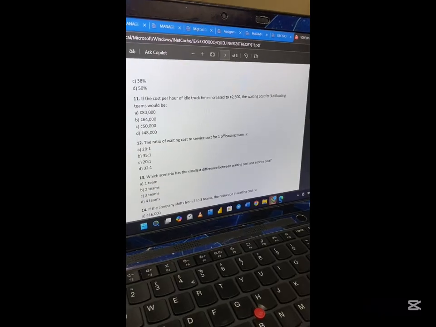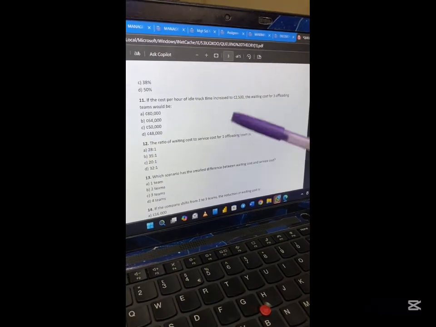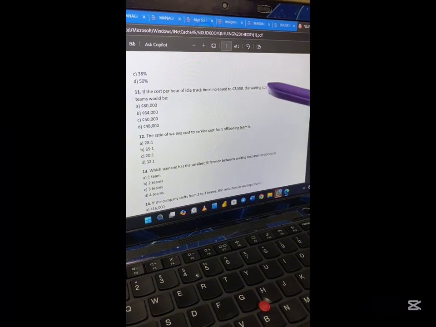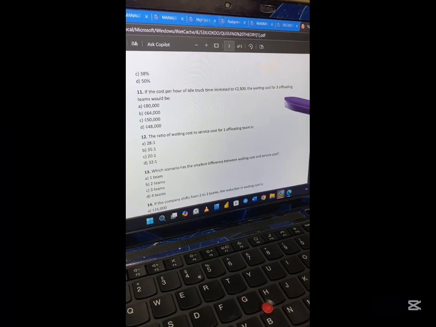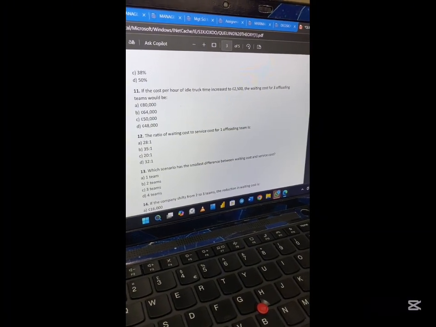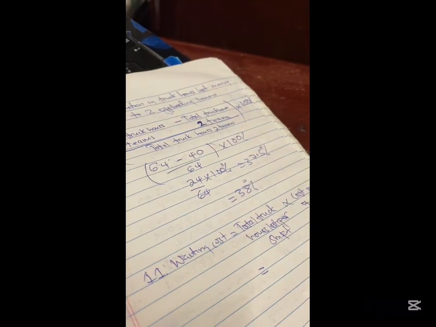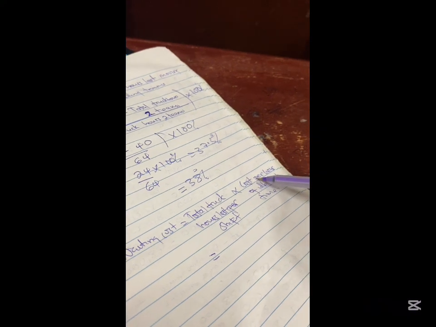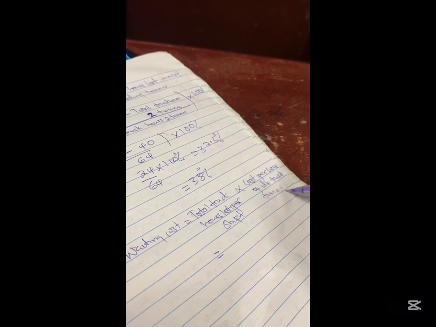Question 11 says, if the cost per hour of idle truck time increased to 2,500 cedis, the waiting cost for 3 offloading teams will be. So remember the formula for waiting cost is total truck hours lost per shift times cost per hour of idle truck time.